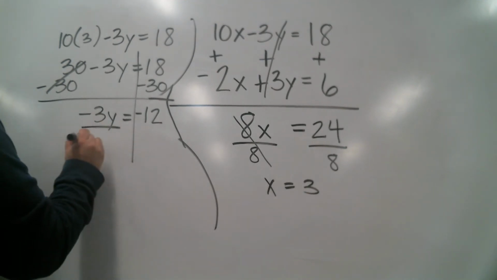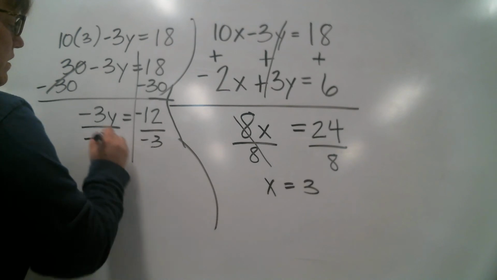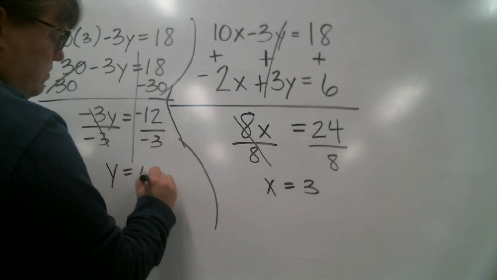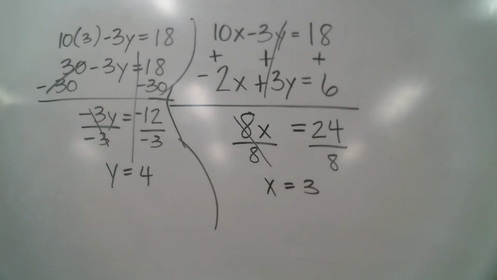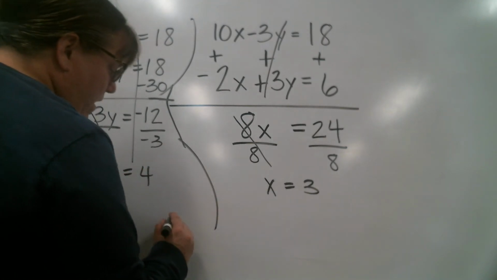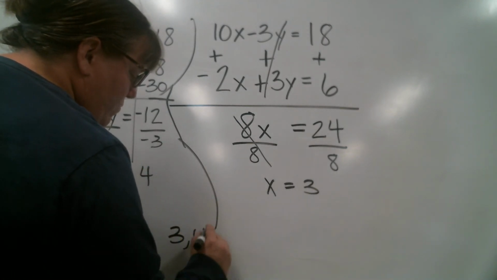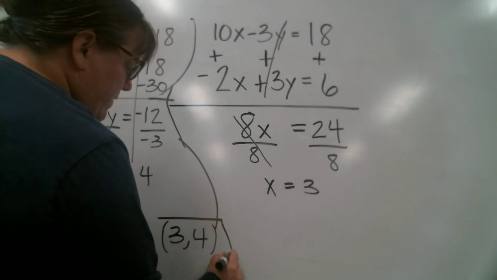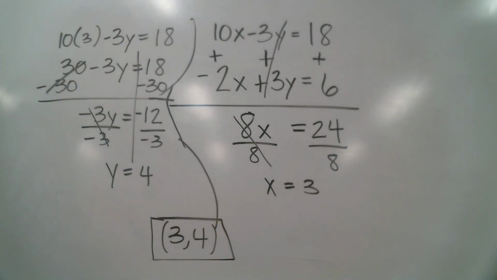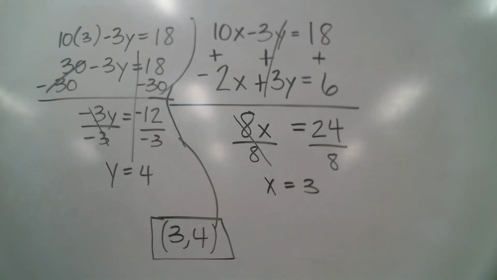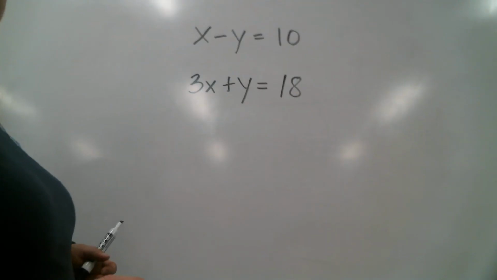And when I divide by negative 3, I end up with y equals 4. So my x and my y as an ordered pair is 3, 4. And there's your solution. Let's do one more before I give you your problems to practice.